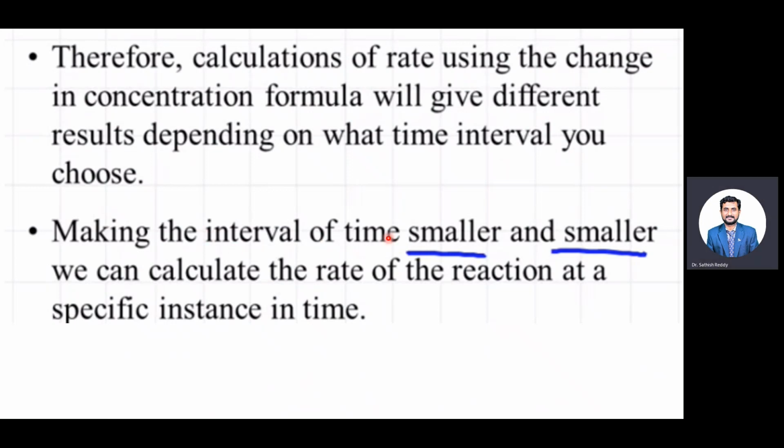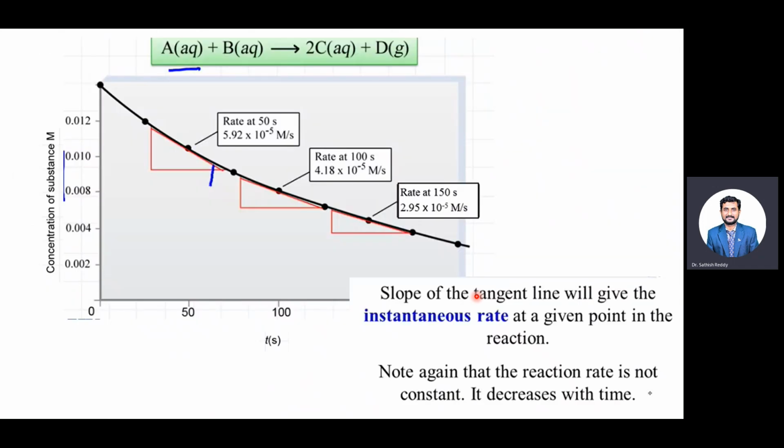By making the time intervals smaller, we can calculate the rate of reaction at a specific instant in time. If we take a small time, we can calculate the rate of reaction.